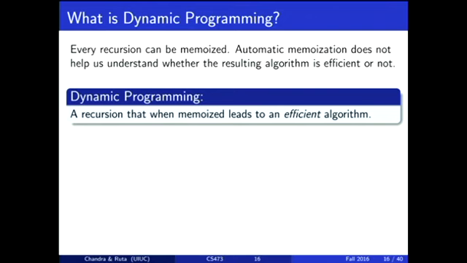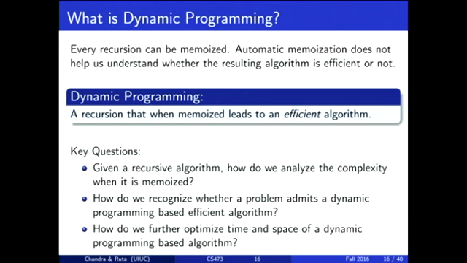So the key question when you are applying dynamic programming is the following. You come up with a recursive algorithm, and then we have to understand, if I memoize it, will it lead to an efficient algorithm? I have a recursive algorithm, and then I think, what happens if I actually memoize it?